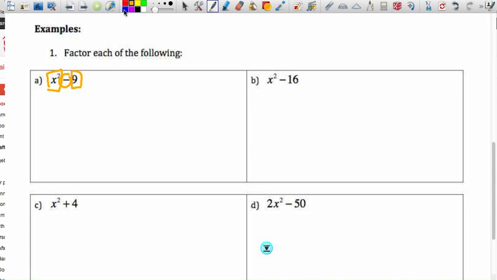Both of those are perfect squares, and so from a factoring point of view, you could view this as x squared plus 0x minus 9, and look for the combination of factors of 9 and x squared which are going to give you a middle term that cancels out. So this could be viewed in the standard form of a trinomial.